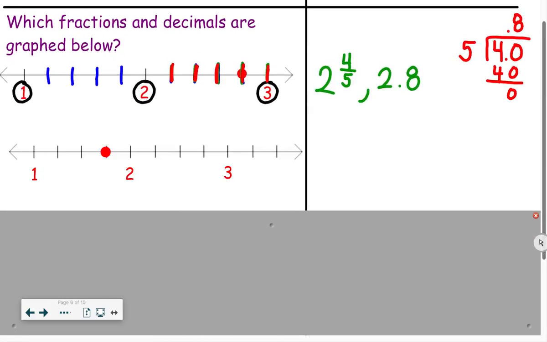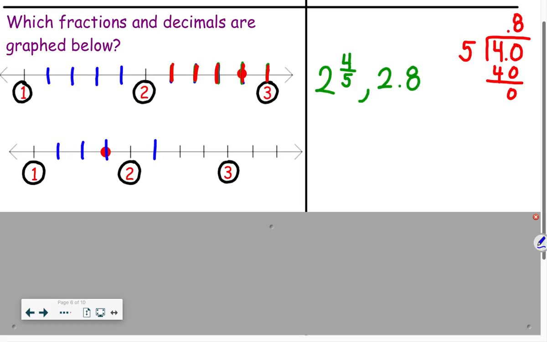All right, second one. This number line is going to be different than the last one, so don't try and use the top one again and just put a new red dot on it. It is different. So write down the integers 1, 2, and 3. And then you're going to count the lines in between them. So we have 1, 2, 3 lines in between 1 and 2, and 1, 2, 3 lines in between 2 and 3.